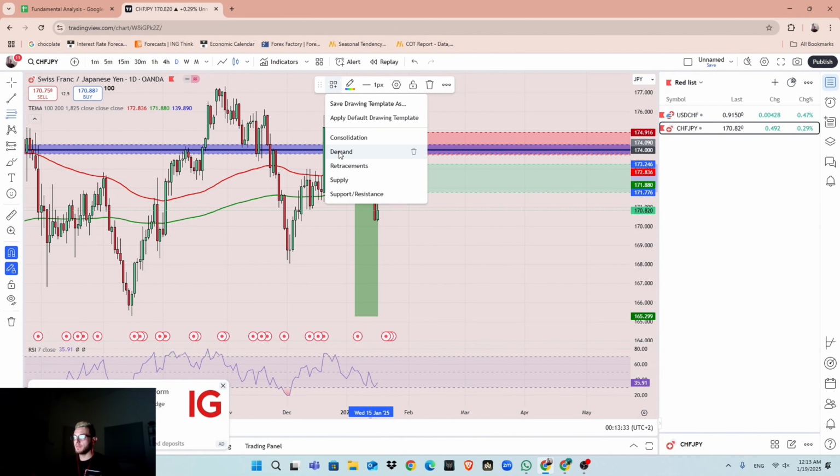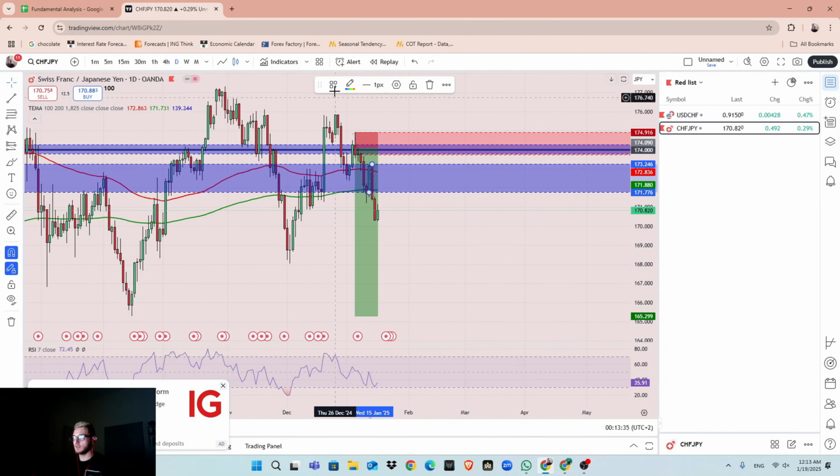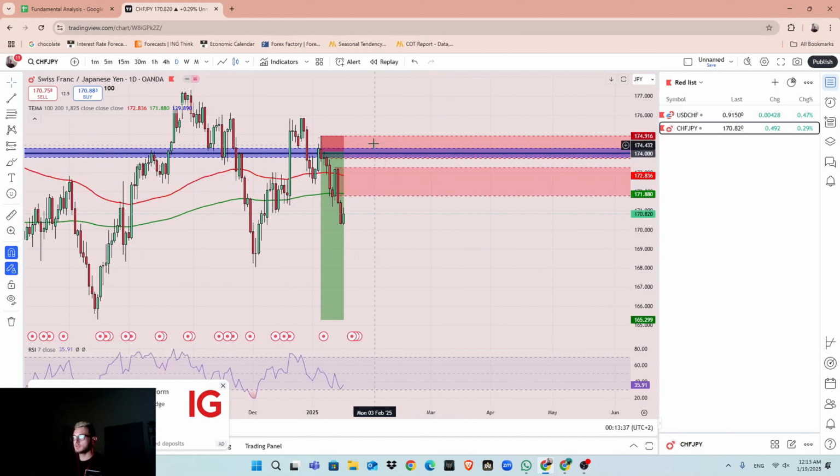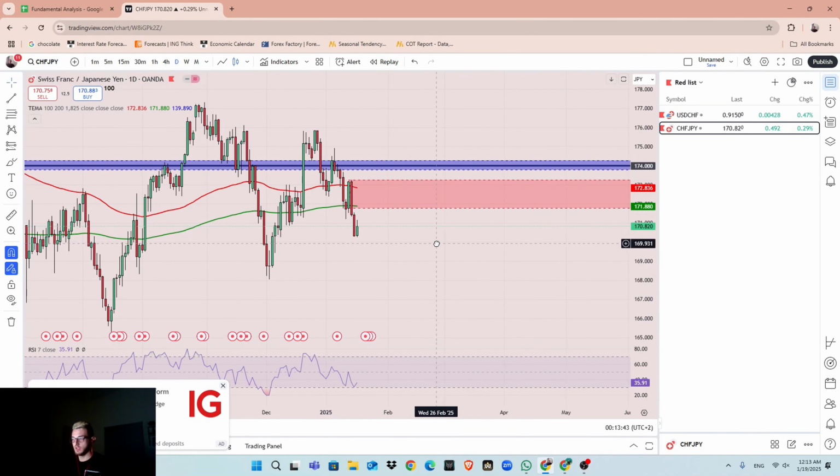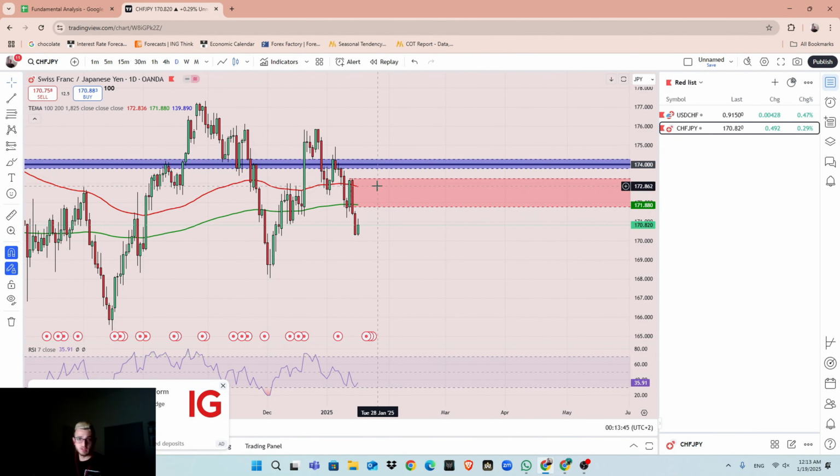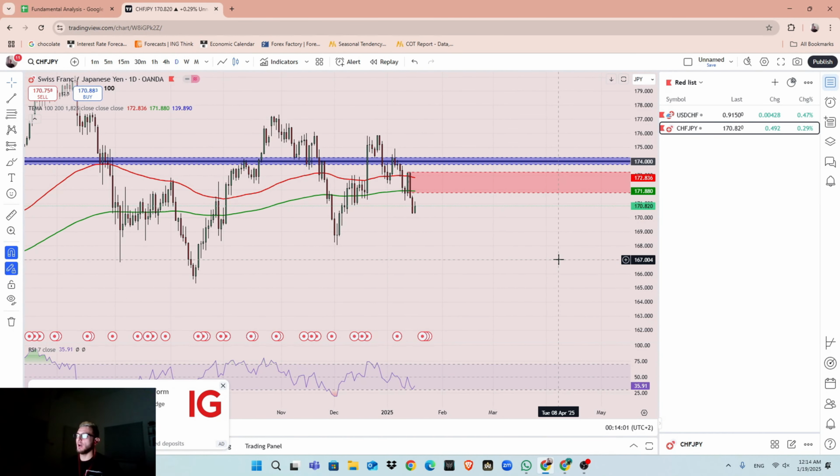We have this great area of supply zone right here and the moving averages. So if we retrace into these areas with the right red folder economic indicator for the Japanese yen or for the Swiss franc, I will take a short position.